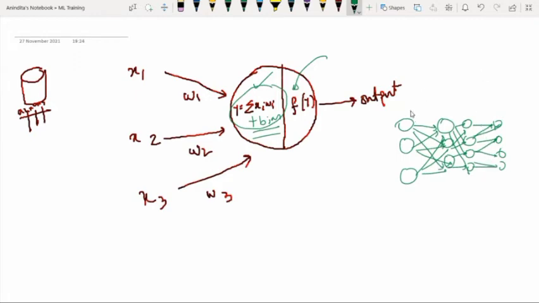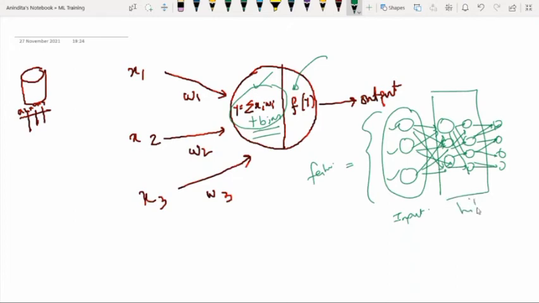Now here we have only one layer which is known as input layer, which is equal to the number of features available. Means the number of neurons is equal to the number of features. Then the second layer is known as hidden layer. And what is the number of layers over here and what is the number of neurons over here, we don't know, right?